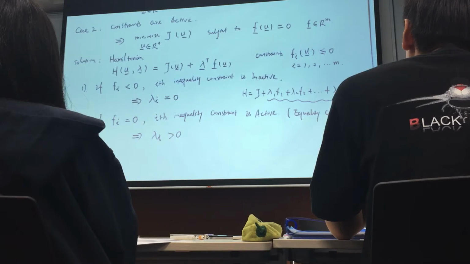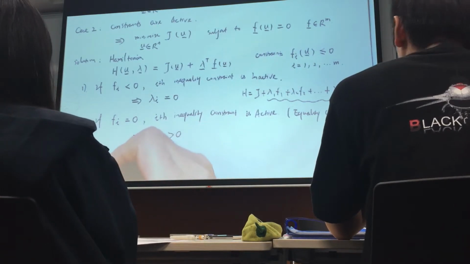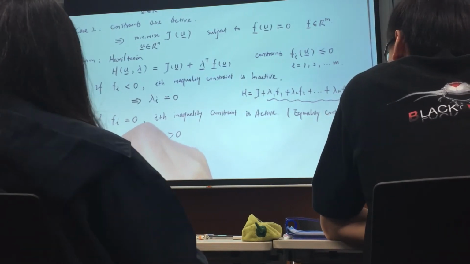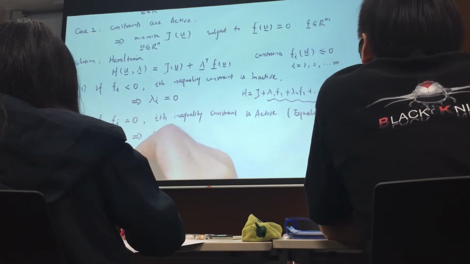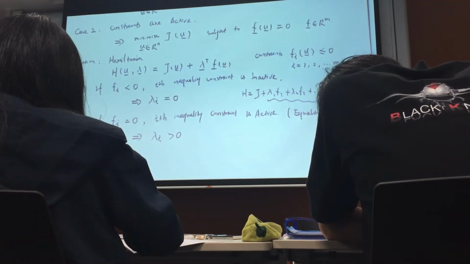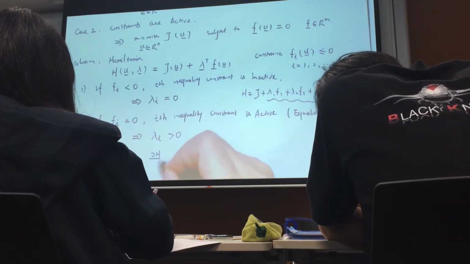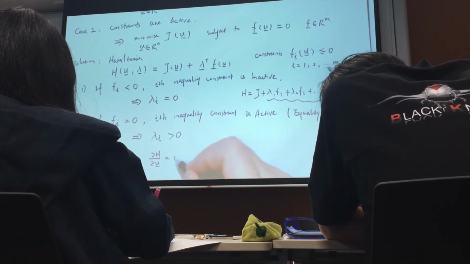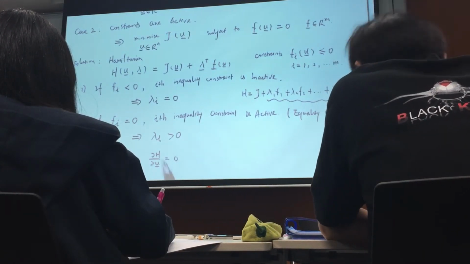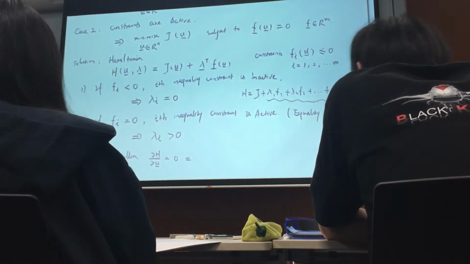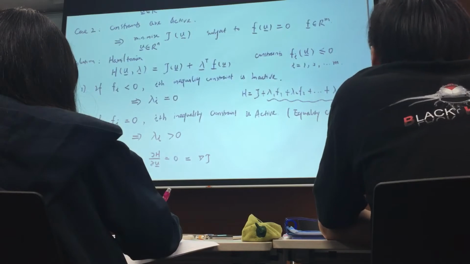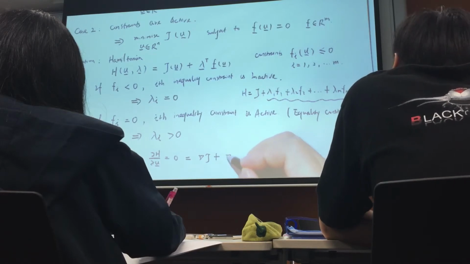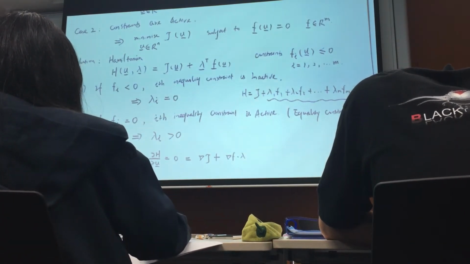The reason for this comes from the constrained problem. We remember that we define this, partial H partial U, must be equal to 0. So we expand the vector form of the partial H partial U. This actually gives us the gradient of J plus the gradient of f multiplied by lambda.